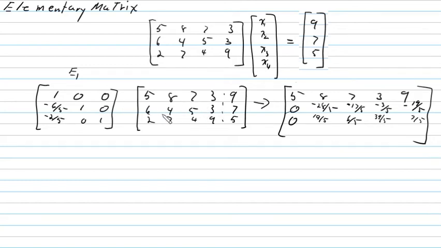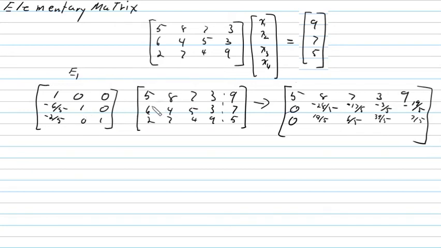So if you look at this, it becomes quite simple. Now what do we need to do? We need zeros here, so we need to replace this row with this row minus 6/5 of this row. And we need to replace this row with this row minus 2/5 of this row. You look at your elementary matrix here, and it should be very easy for you to see that this matrix does that, right?